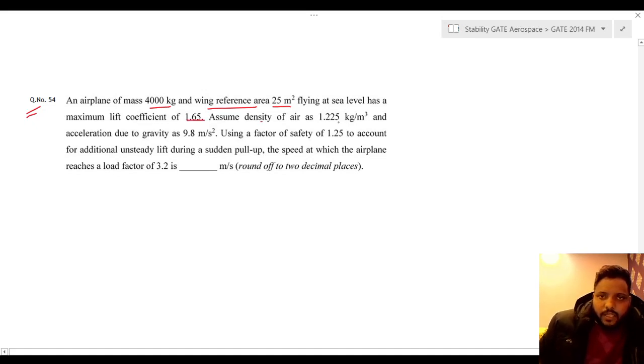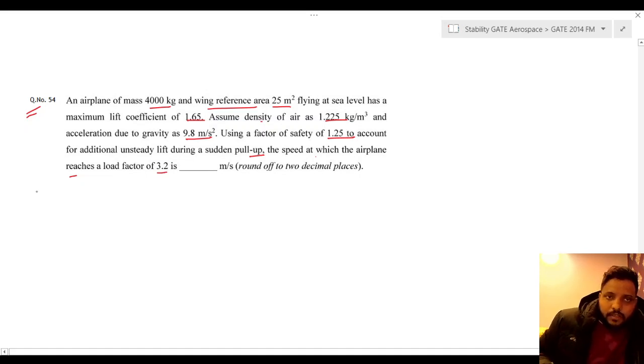Assume the density of air is this, and the acceleration due to gravity is 9.8 meter per second square. Using a factor of safety of 1.25 to account for additional unsteady lift during a sudden pull up, find the speed at which the airplane reaches a load factor of this.